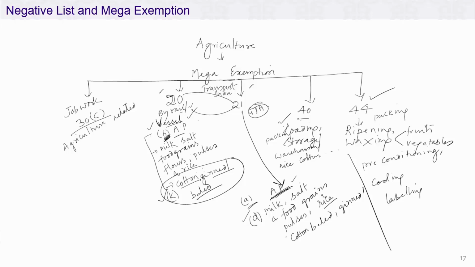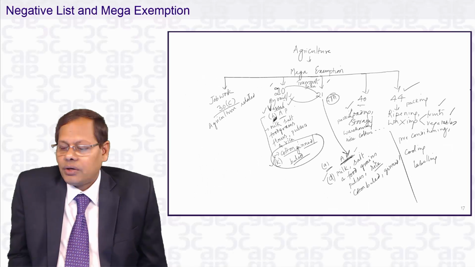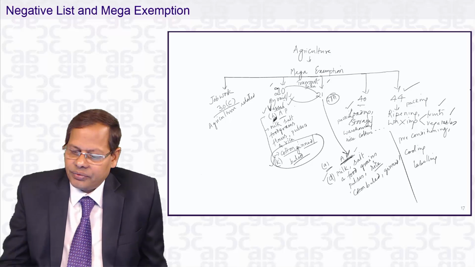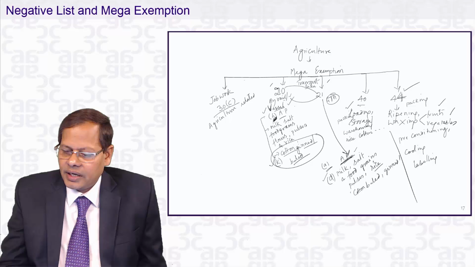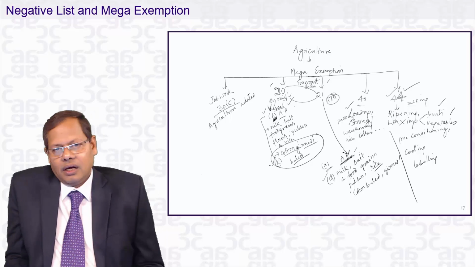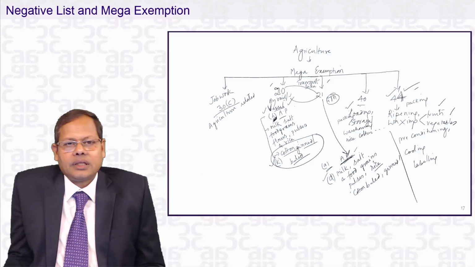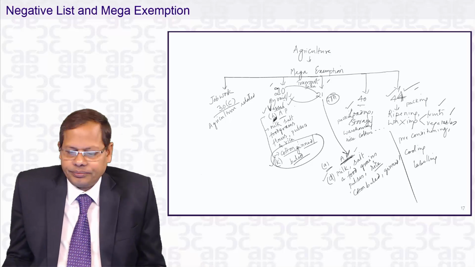Fruits and vegetables. If you do it on fruits or vegetables, this is covered under the mega exemption, entry number 44. This is not under the negative list, but it is under mega exemption. But the effect is taxable, but it is exempt.